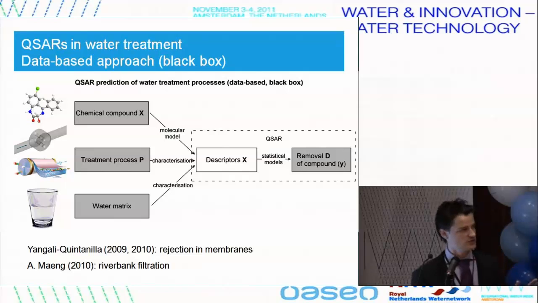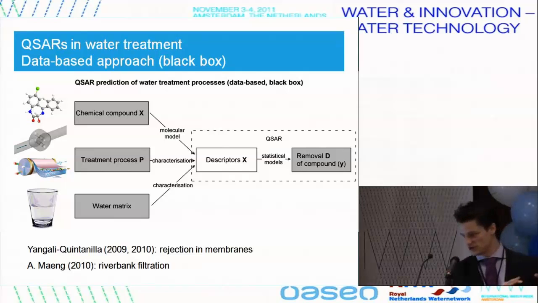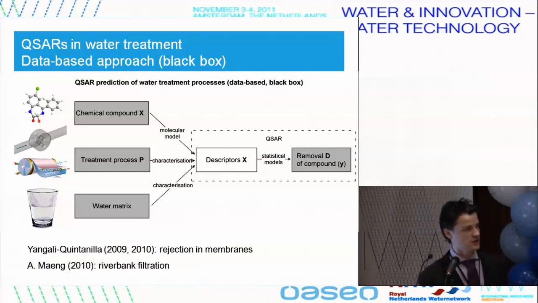So one approach is to put all the information from these three parts of the water treatment process together as descriptors and relate those descriptors directly to the removal of a compound. And you do that by statistical models.